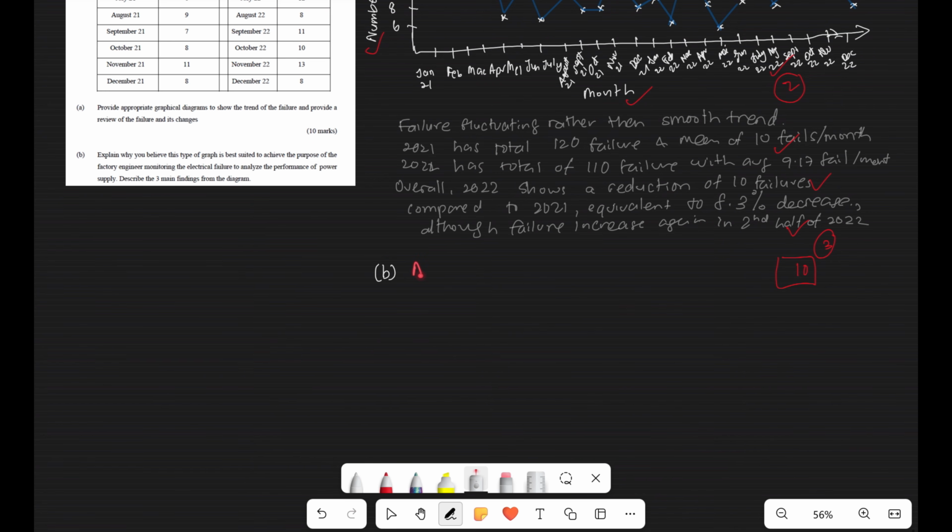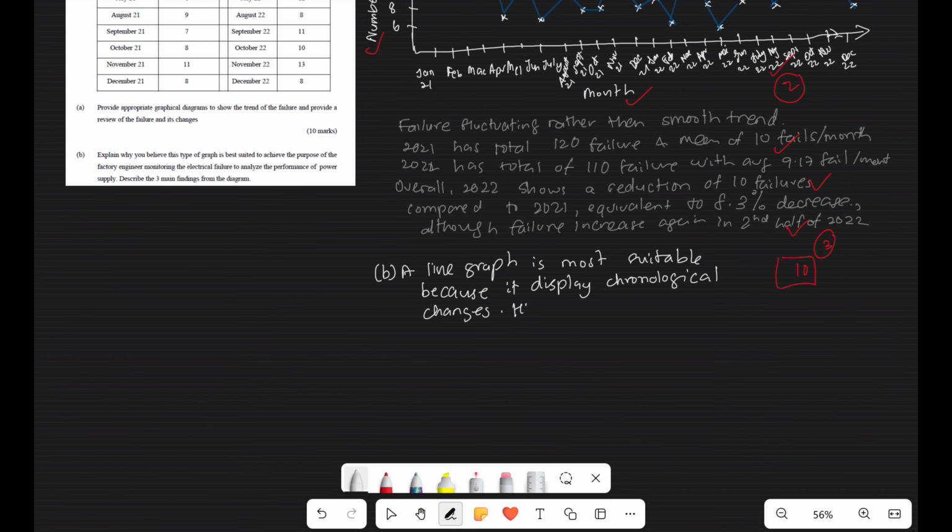Okay, so a line graph is more suitable because it displays chronological changes. Highlights month to month fluctuations.